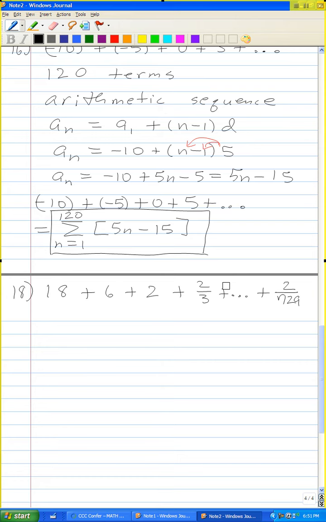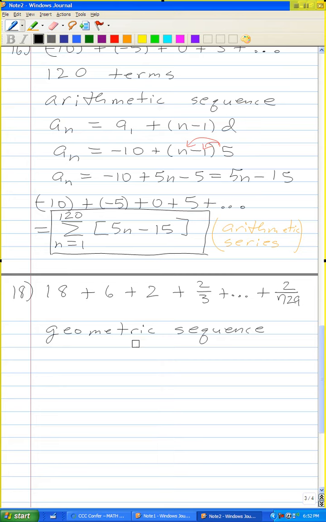So this is formed from a geometric sequence. So again, this was an arithmetic series.